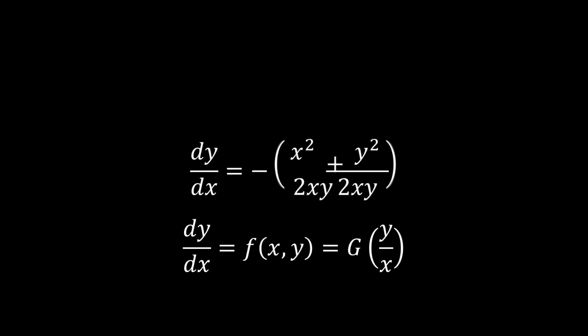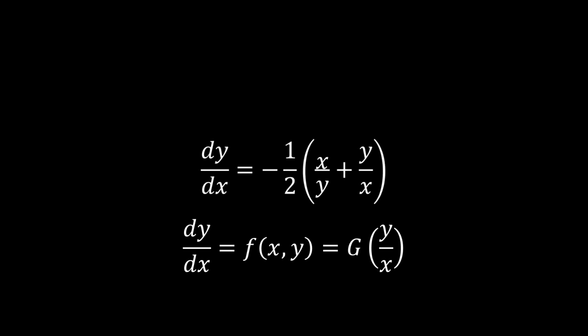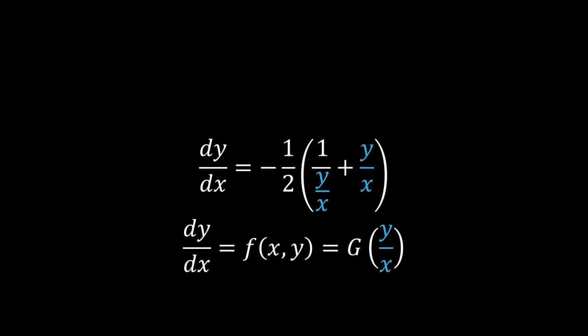Splitting the fraction, canceling out common factors, pulling out the 1/2, and flipping the first fraction gets us to this point. We've transformed the right-hand side, which was a function of x and y, to a new function g, which is only a function of the ratio y over x. And again, this is only possible since our original equation was homogeneous.